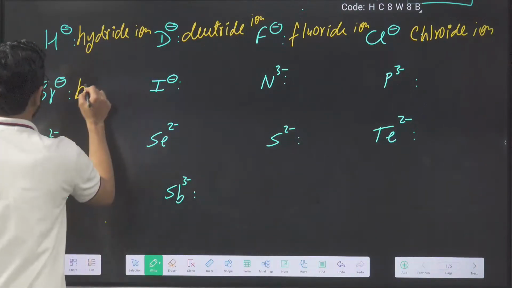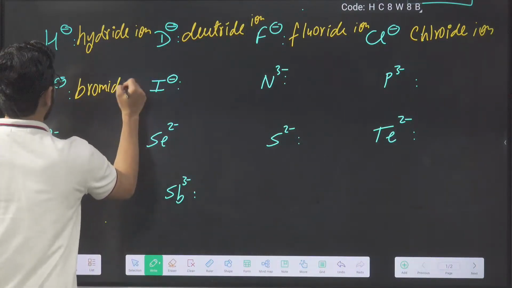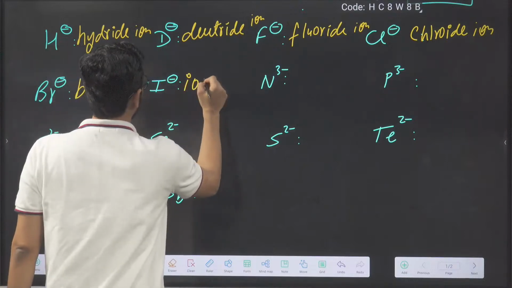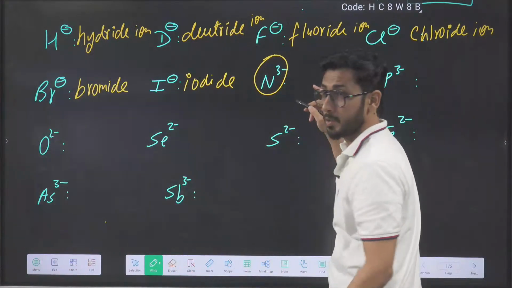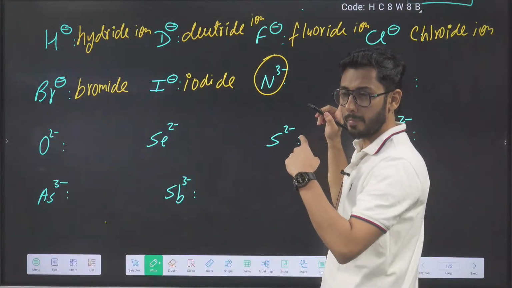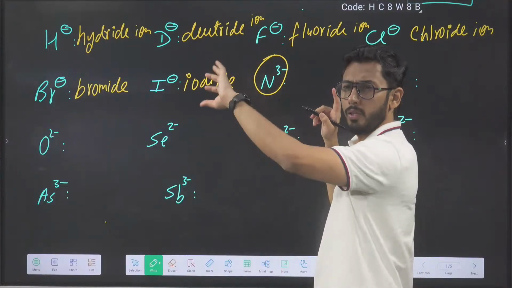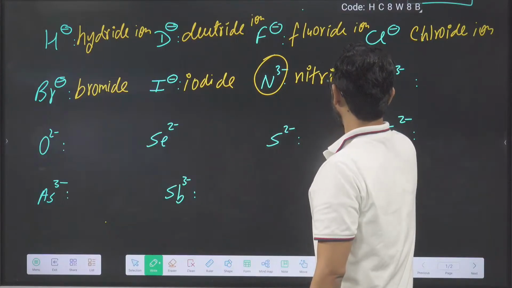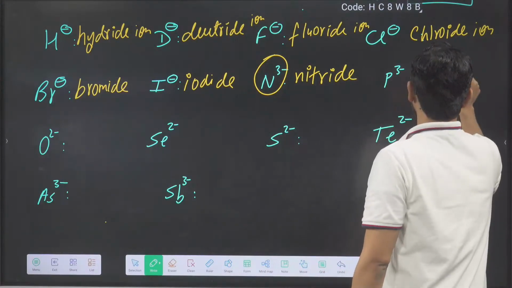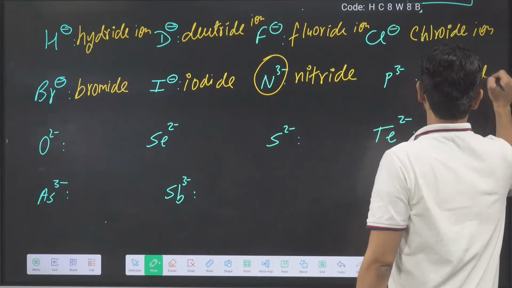Correct it is. Bromide, suffix ide is used. Iodide ion. N with 3 minus: monoatomic, yes, only one atom. Charge is -1, -2, depending upon the charge. N minus 3 is named nitride ion. Phosphide ion.